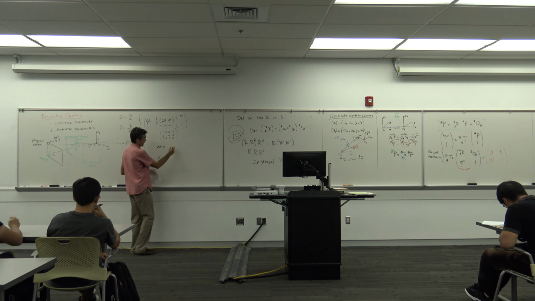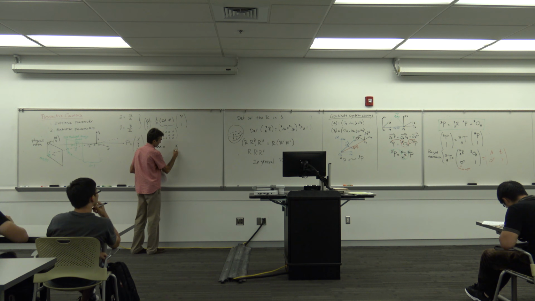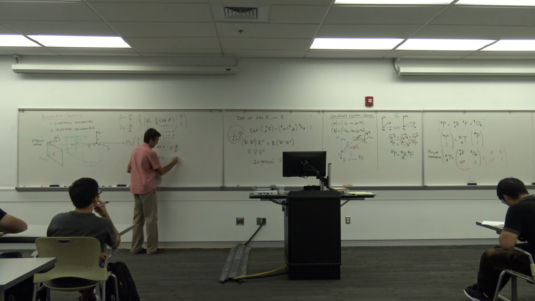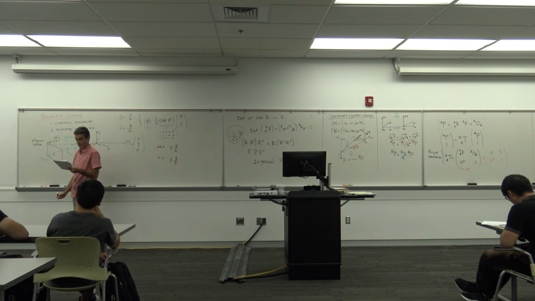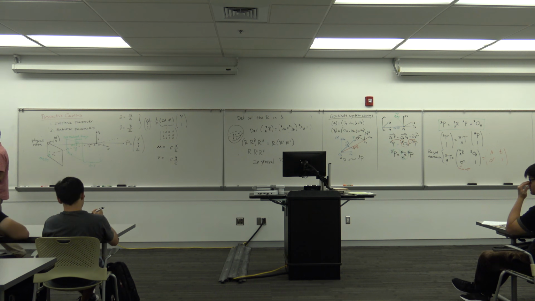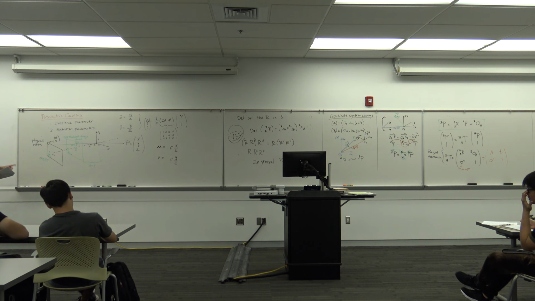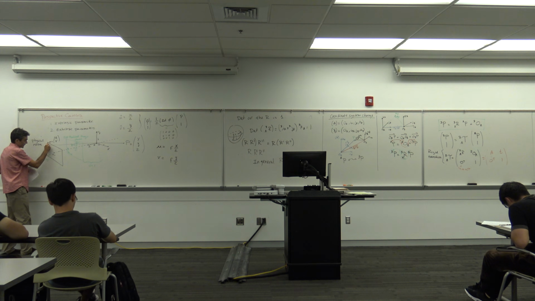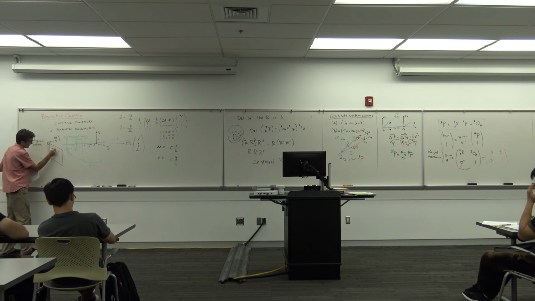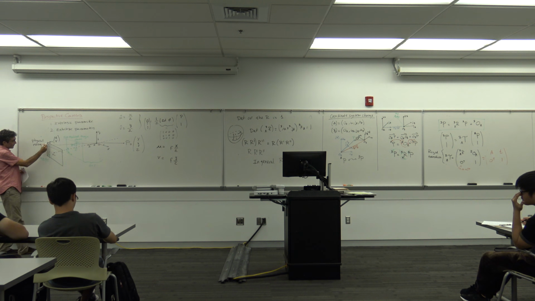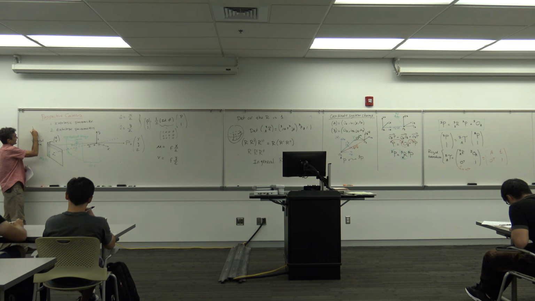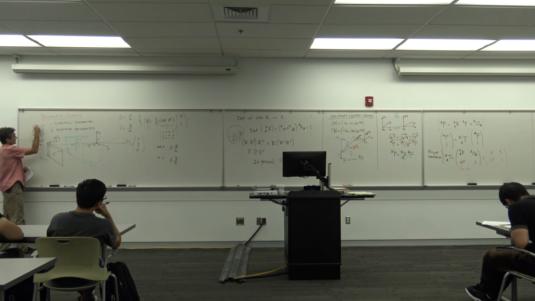So I have X over Z times F, Y over Z times F. And I'm going to multiply this by something else, which is the size of the pixels. Okay? So imagine the physical retina like this, and I have my pixels.